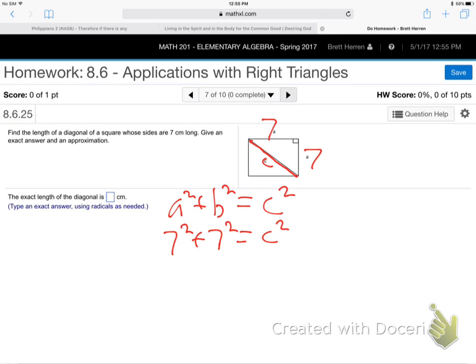See what I'm doing? A squared plus b squared is c squared. So good, use your calculator. 49 plus 49 is c squared, 98 is c squared. We all good to there?